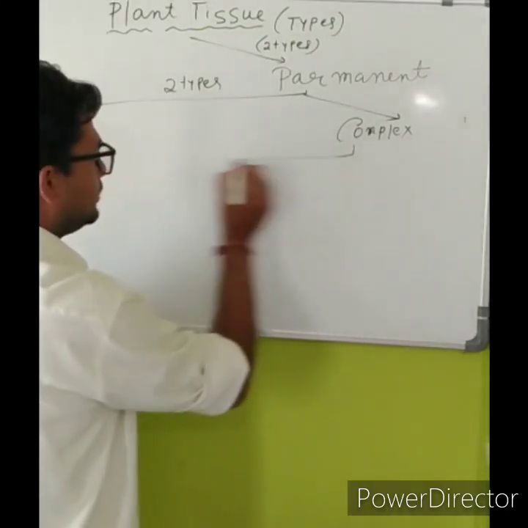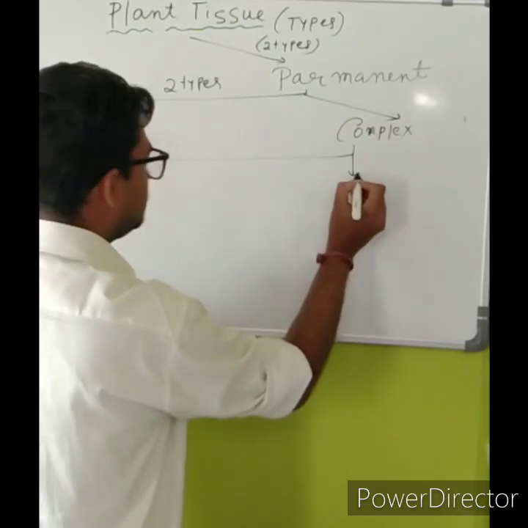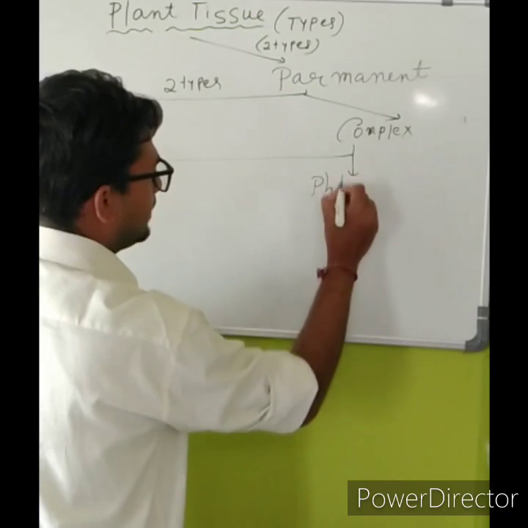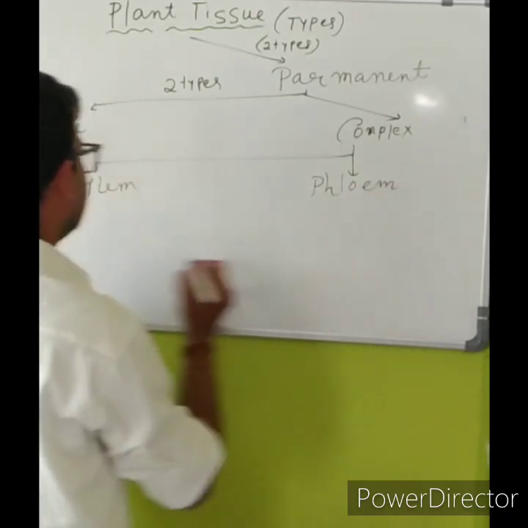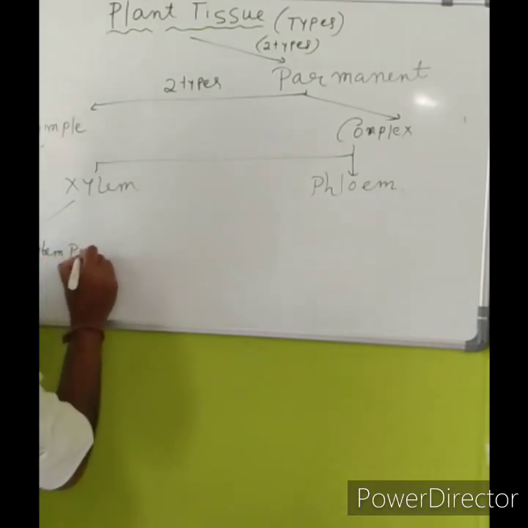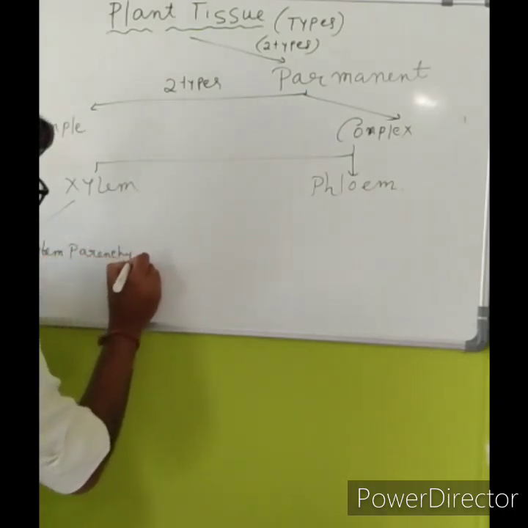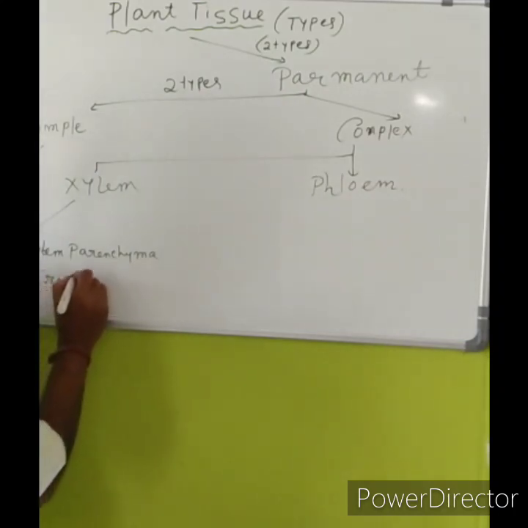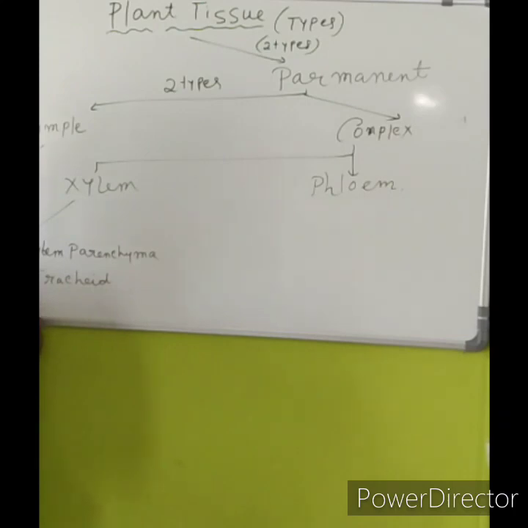Complex permanent tissue again is of two types, that is xylem and phloem. Xylem is made up of three different types of cells, that is xylem parenchyma, tracheids and vessels.